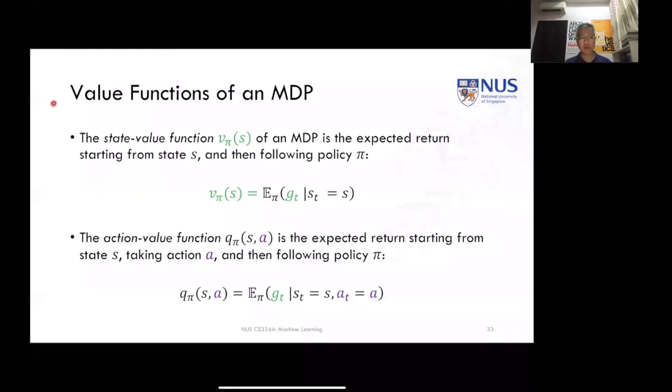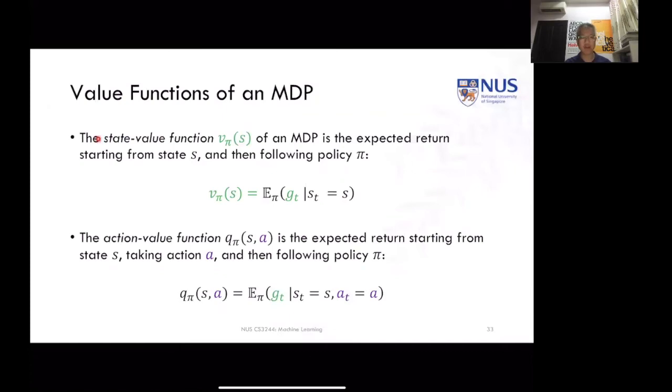So in order to get closer to solving an MDP, we're going to have to define what the policy is. And how do we do that? Well, we have to go back to figure out what is the reward at each time step. We can do that by introducing the two value functions, but now they're conditional on the policy.